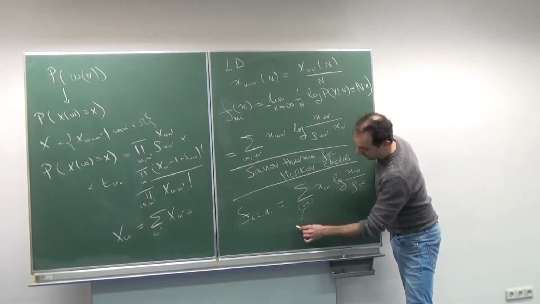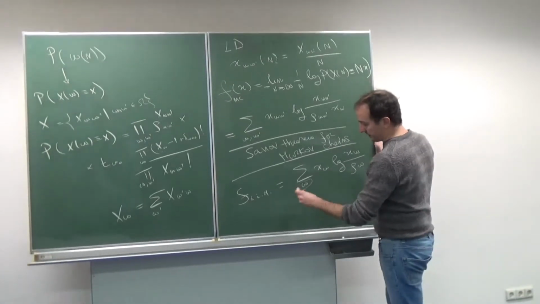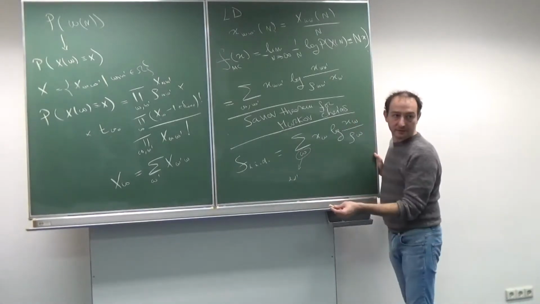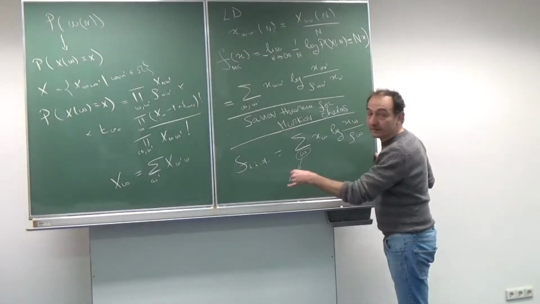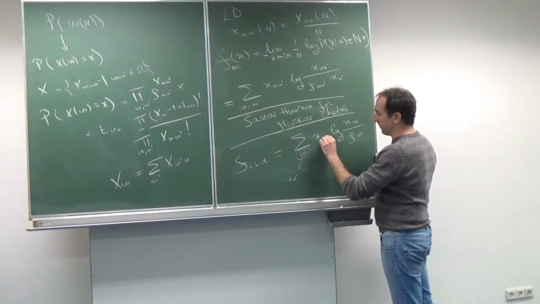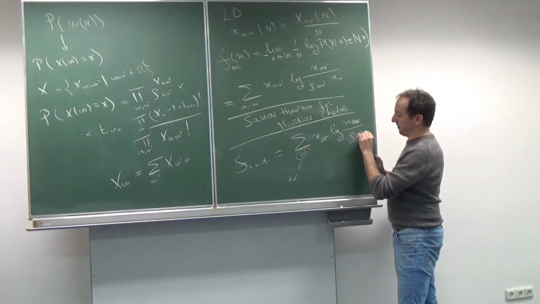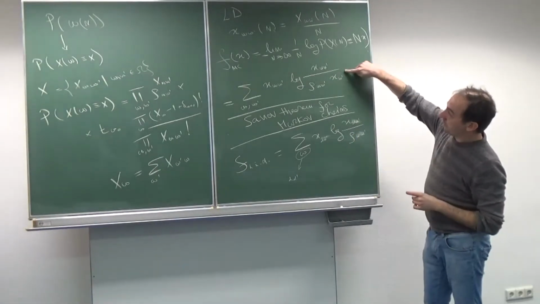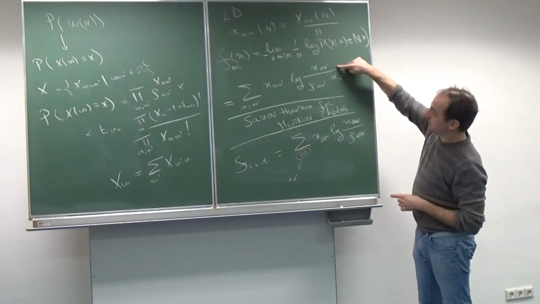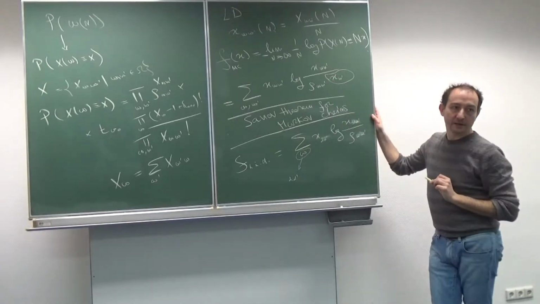We can re-index things with two indices, alpha and alpha prime. Then it looks very much like this, but it's not the same, of course, because this is not a relative entropy, because of the appearance of x over there.